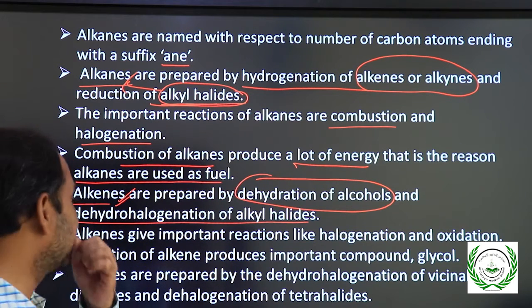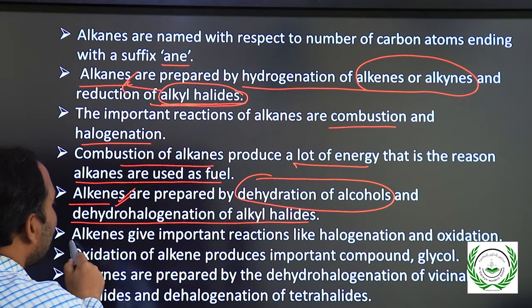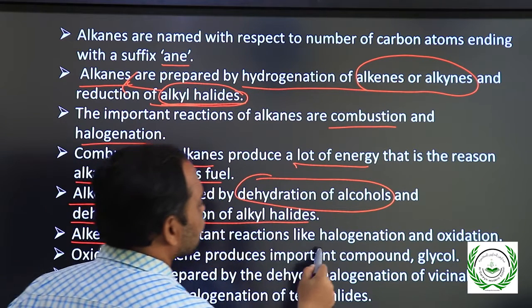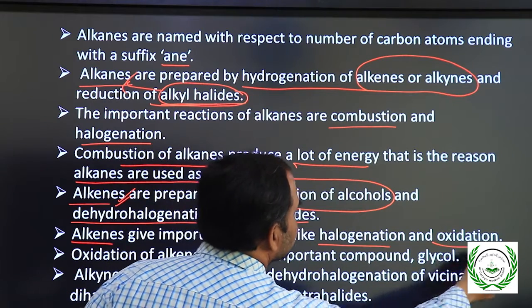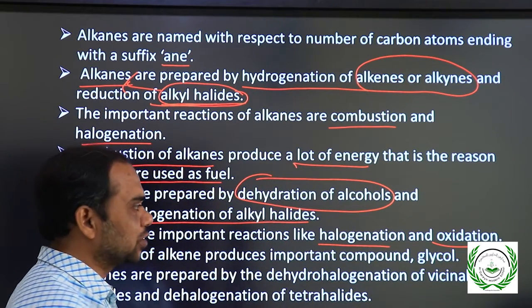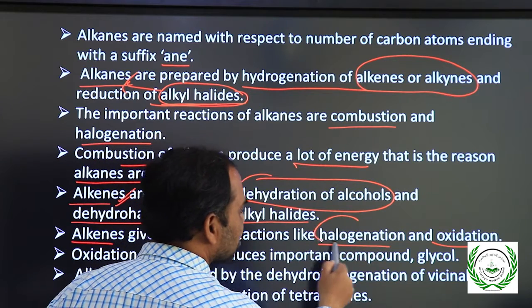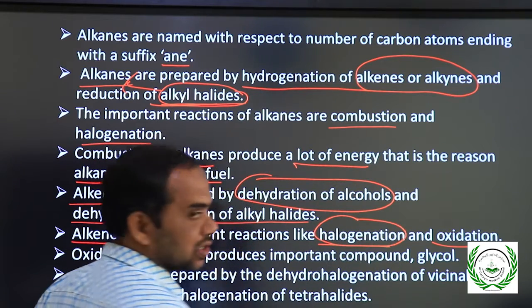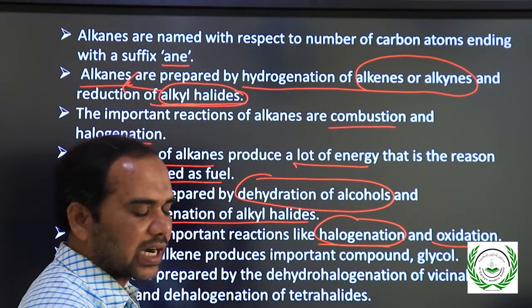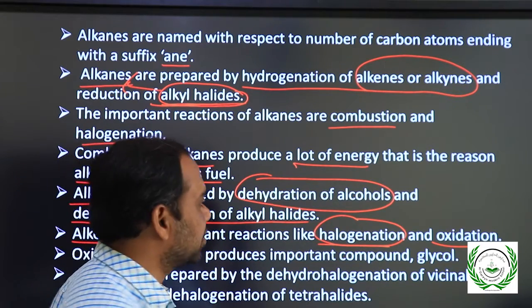Already we discussed this in the previous topic, right? This is like revision. Alkenes give important reactions like halogenation and oxidation. In halogenation, alkenes invite the halogen to come and join, or we can say addition of halogen. What are halogens? The 17th group elements are halogens: fluorine, chlorine, bromine, iodine.